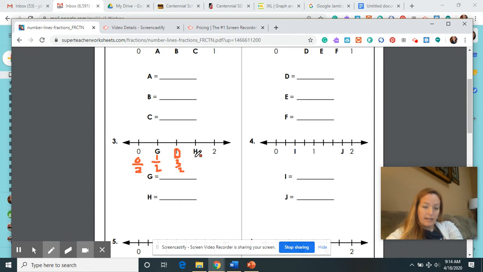I could either plot this as 3/2 and 4/2. We can show it like this. Or H can also be represented as 1, since we have 1/2, and then this is another half of the whole.